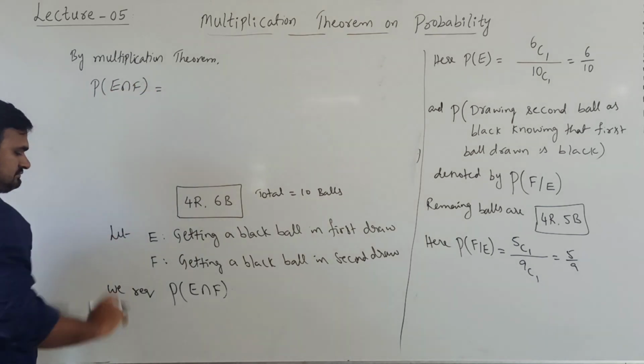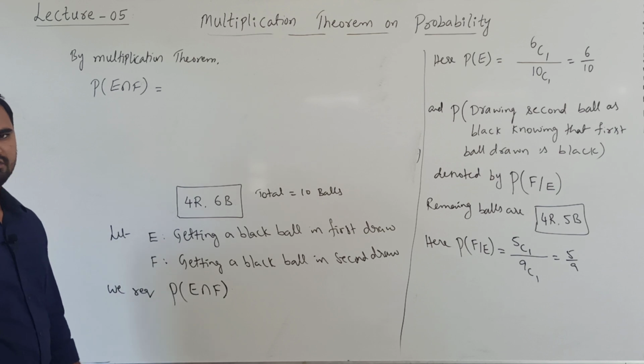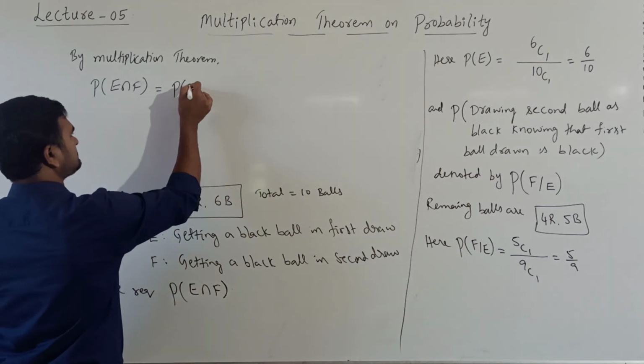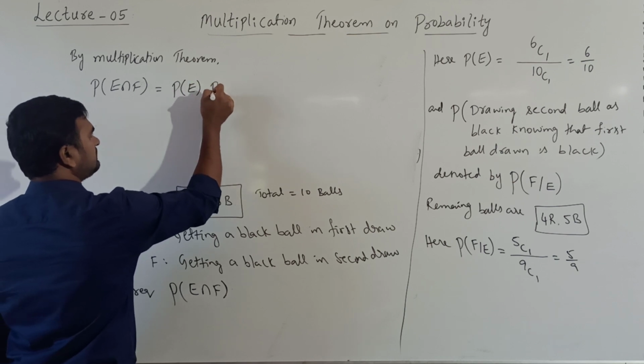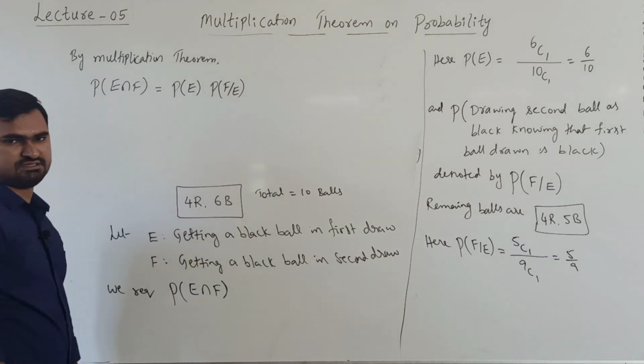This is what we require. It can be written as the probability of occurrence of the first event and the probability of occurrence of the second event, knowing that the first event has already occurred.